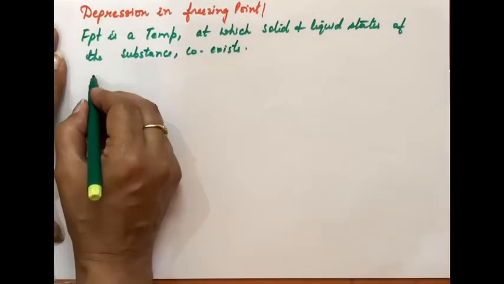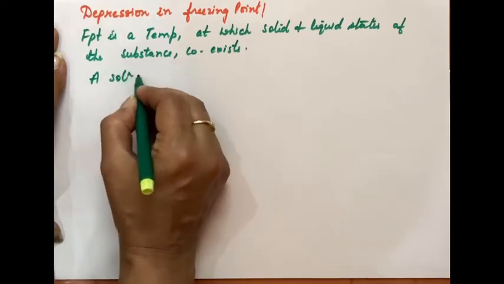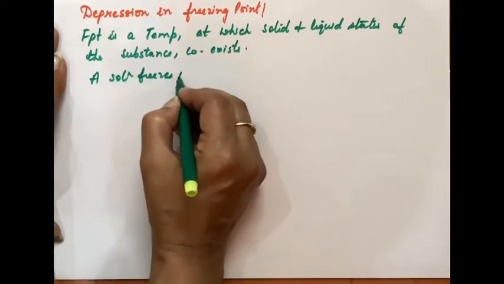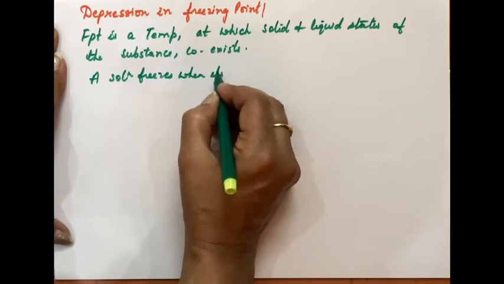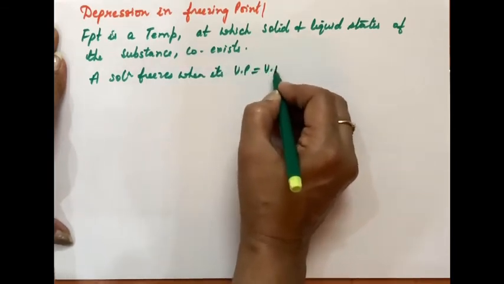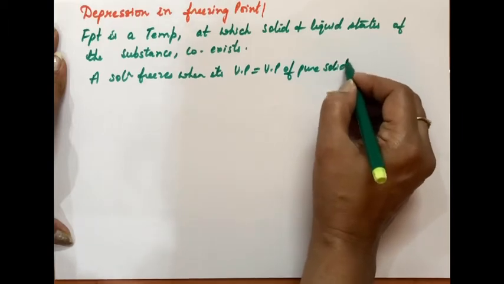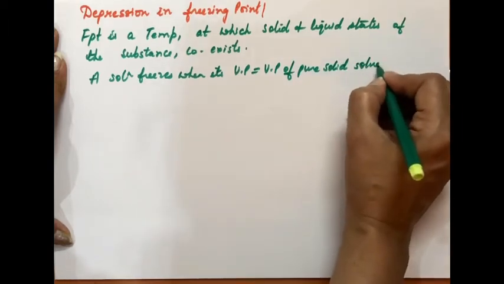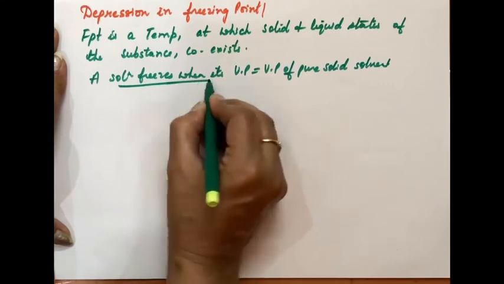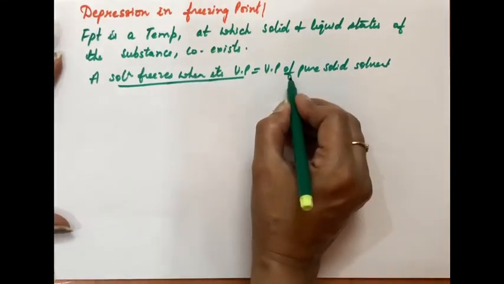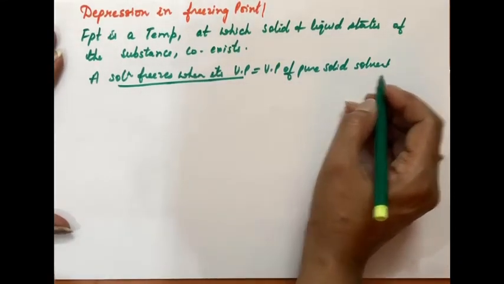So a solution freezes when its vapor pressure is equal to vapor pressure of pure solid solvent. A solution will freeze when its vapor pressure is equal to vapor pressure of pure solid solvent.